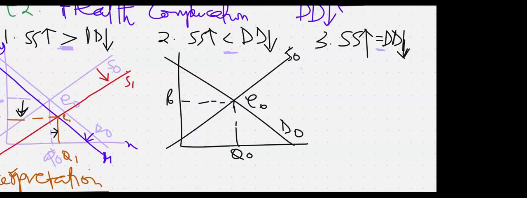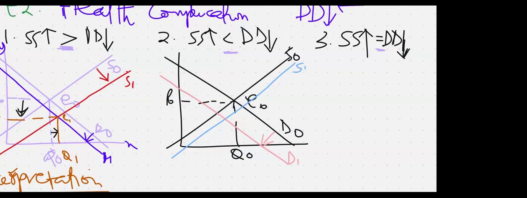That's S0 up there. S1 here. But the demand will have a greater impact. So demand will come here. So look at the distance between D0 and D1. You see that one is bigger or wider than the other. So demand is wider. So you have here D1.